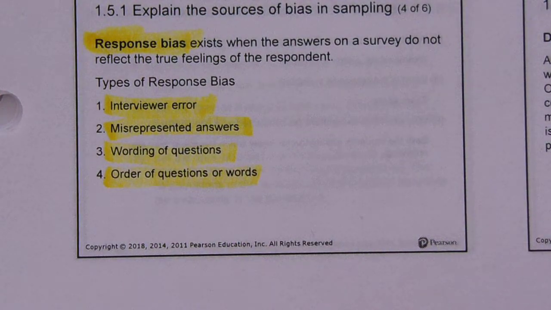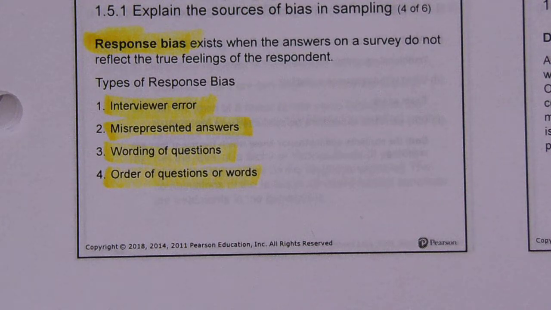Okay, there have been studies where they put the questions in one order and do the survey, and then they put the questions in a different order and do the survey and get different results. Okay, because maybe reading one of the questions made you think differently about the next question. So the order of the question can even have an effect, or the order of the words in the question.